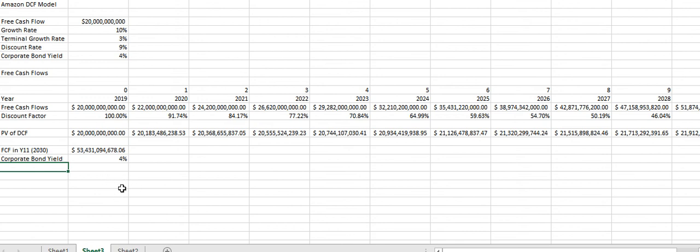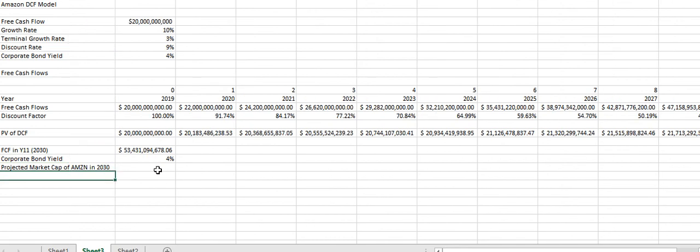Okay, and then what you're going to do to get the projected market cap of Amazon, ticker AMZN, in 2030, you're going to divide that projected free cash flow in year 11 by the corporate bond yield, because hypothetically they might be paying a dividend.